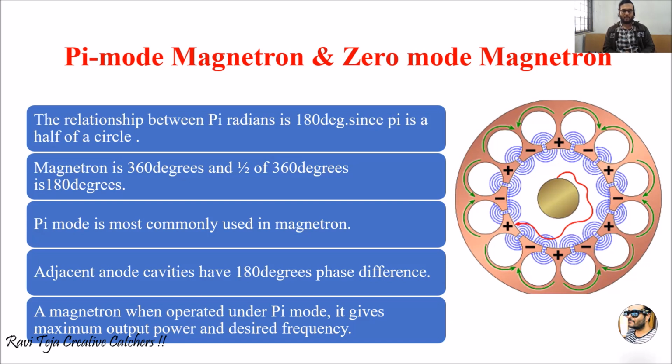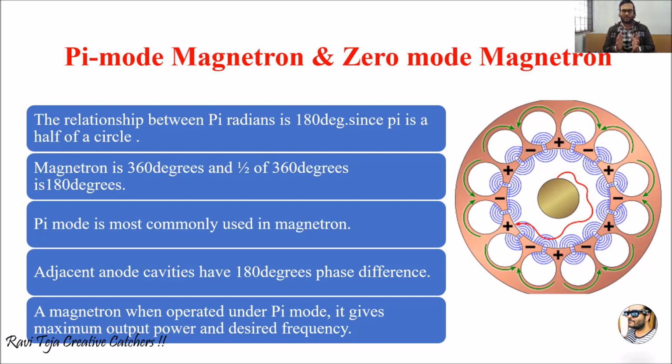In the previous sessions, we have already seen the working of a magnetron, how the cavities are arranged, what is the position of a cathode, how the electrons are emitted by a cathode, and how the electrons behave at the anode ends.